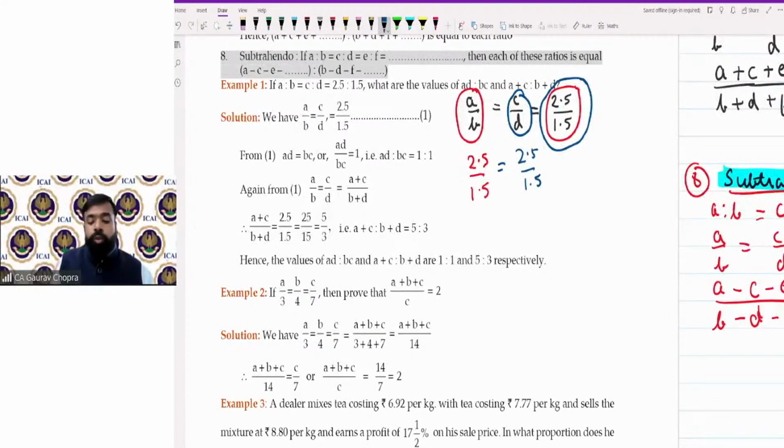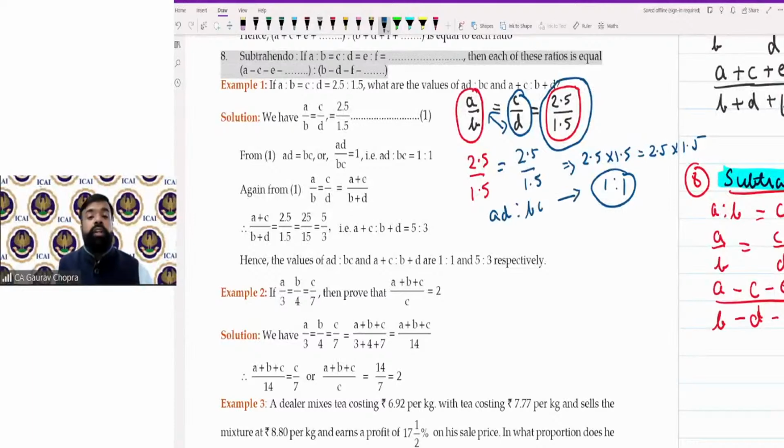Now we have to do the cross multiplication. So cross multiplication means 2.5 into 1.5 equal to, so both will be cancelled. Ratio is 1:1. This is AD equal to BC, because we have done the simple cross multiplication. So AD ratio BC is 1:1.